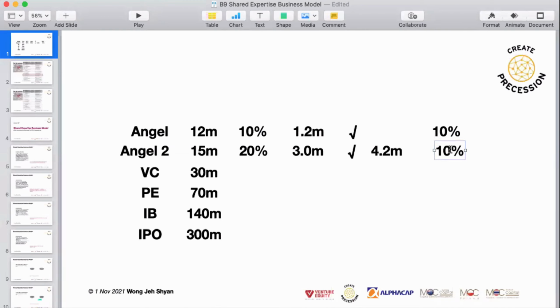Am I right? He is diluted to 8%. 10% of 12 million is 1.2 million. 8% of 15 million is how much? 8% of 15 million is 1.2 million.